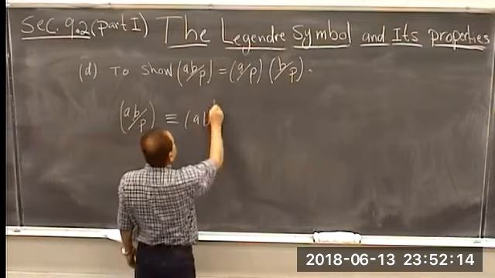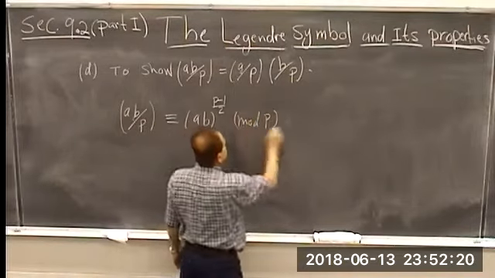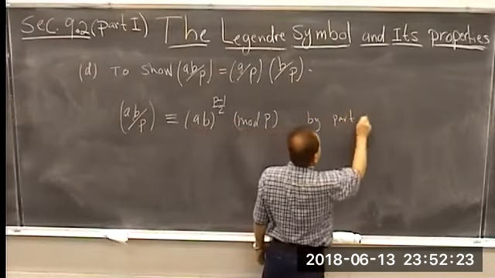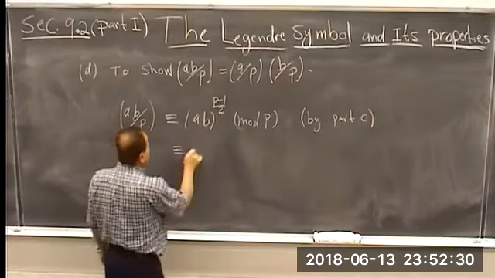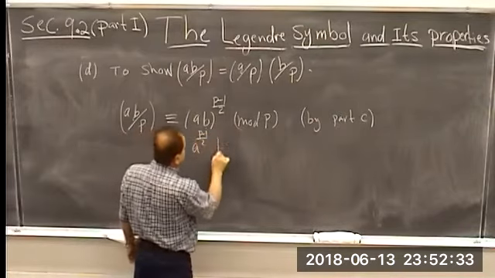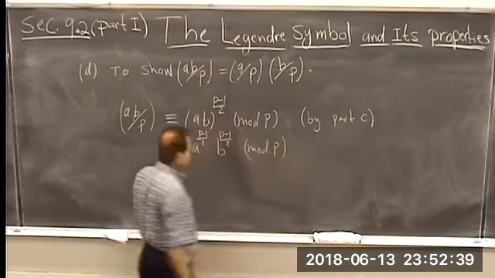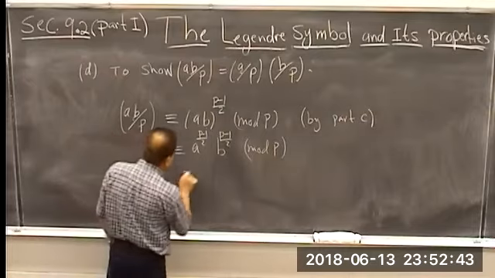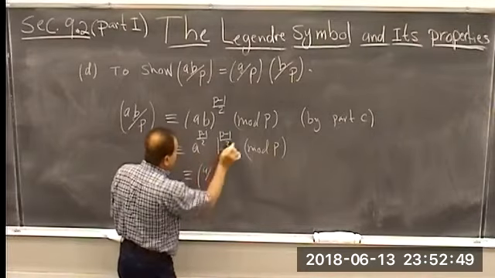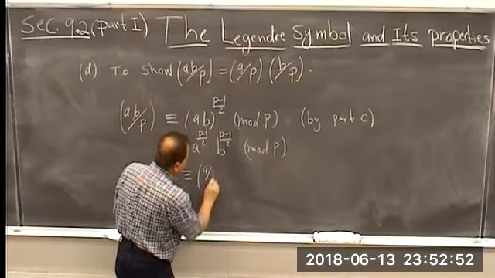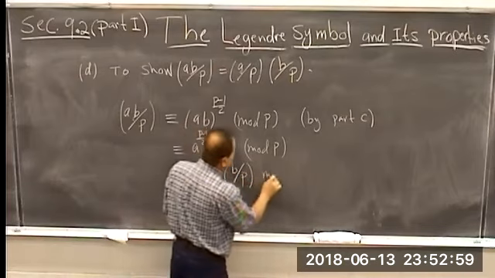And then we have this one by part C mod P. And of course this is congruent to A to the (P minus 1)/2 times B to the (P minus 1)/2, which is congruent to (A/P) times (B/P) mod P.